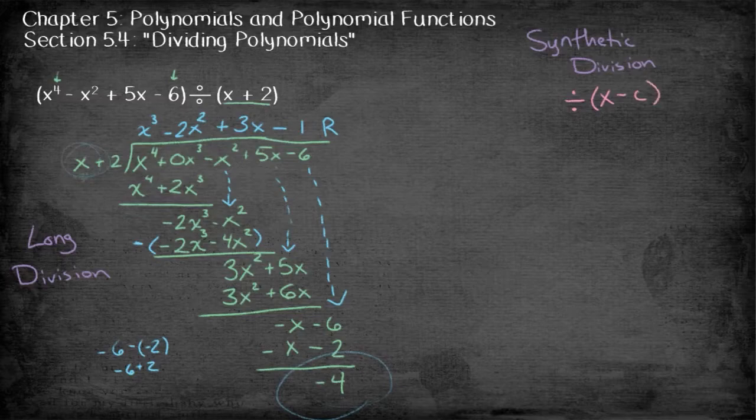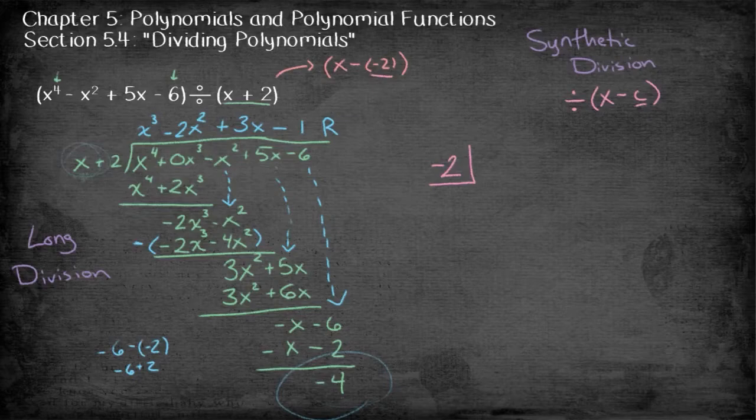Now in our case, we have x plus something, but it's okay, right? We can rewrite x plus 2 as x minus negative 2. And what we're going to do is take that value here, put a little box around it, and now I'm going to write all of the coefficients of all of the exponents from the highest exponent all the way down to the constant term.